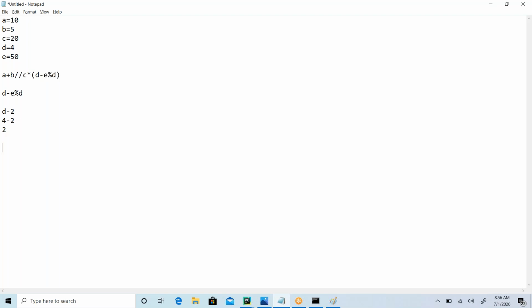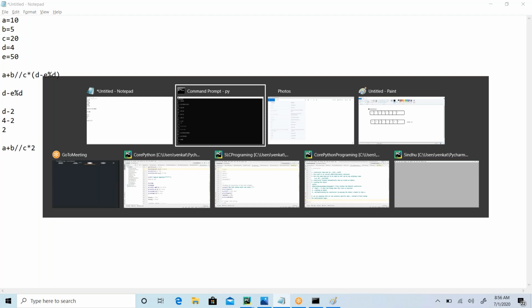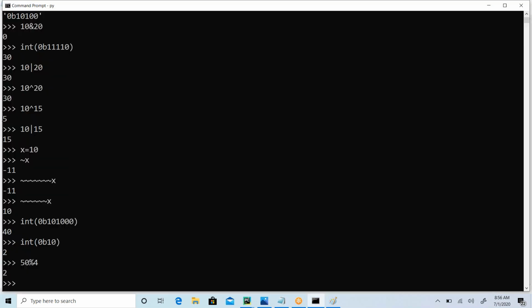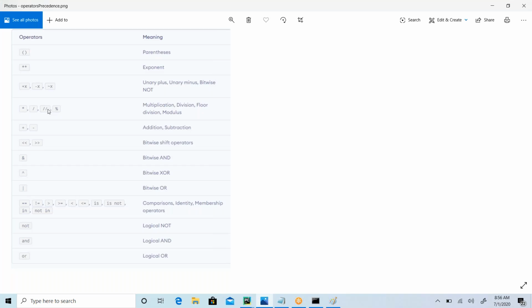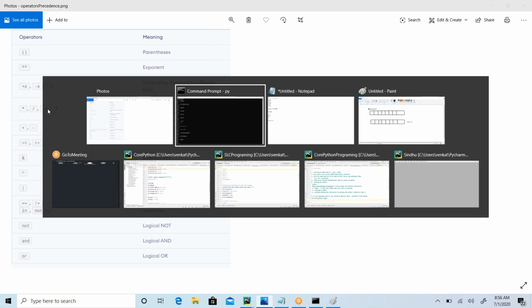Now it is going to evaluate the remaining stuff: a plus b floor division c star 2. We have evaluated that already. Now plus, floor division and star: out of these, which is the priority? Star and floor division are at the same level, and plus is at a lower level.